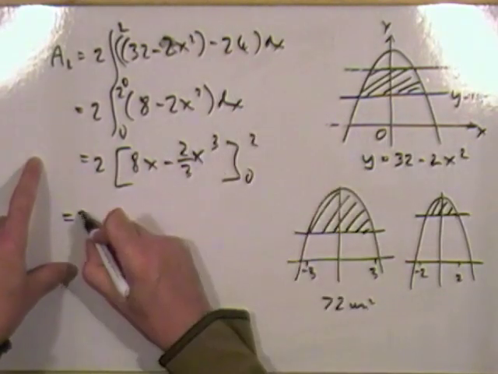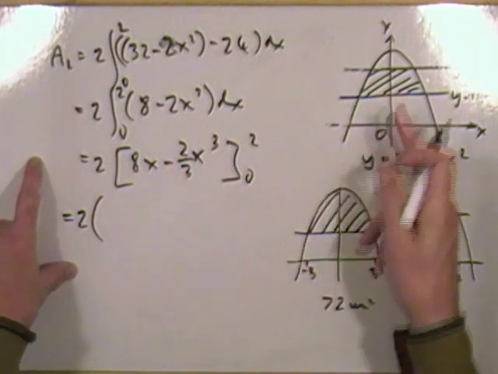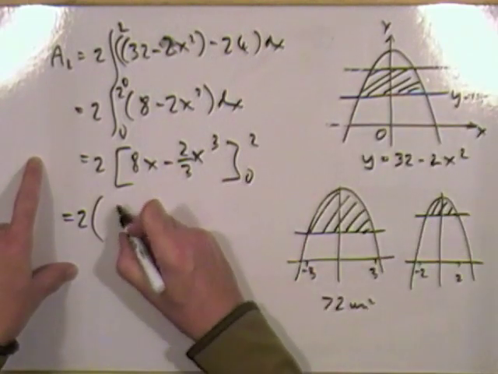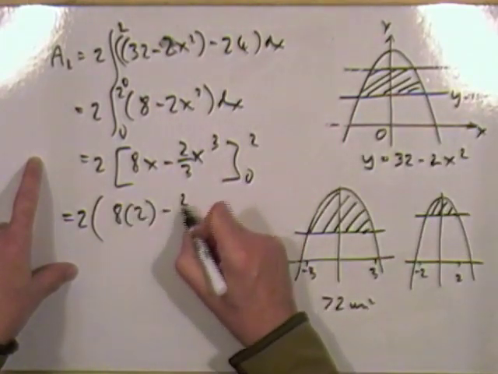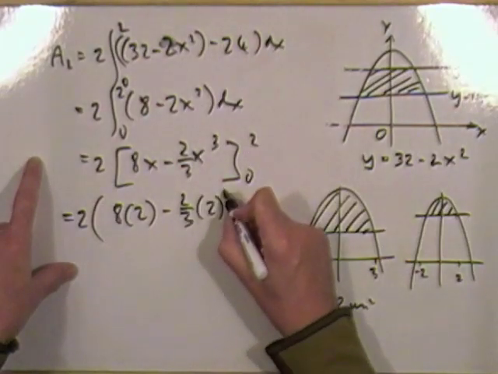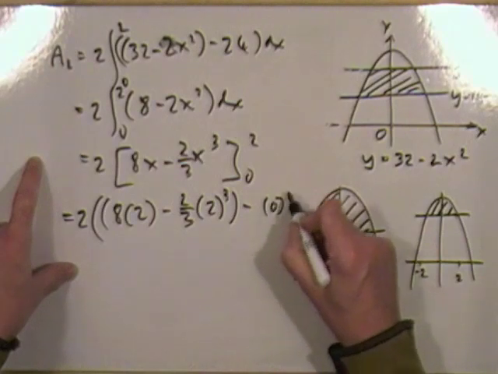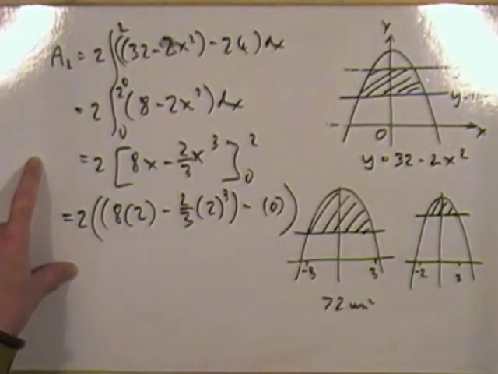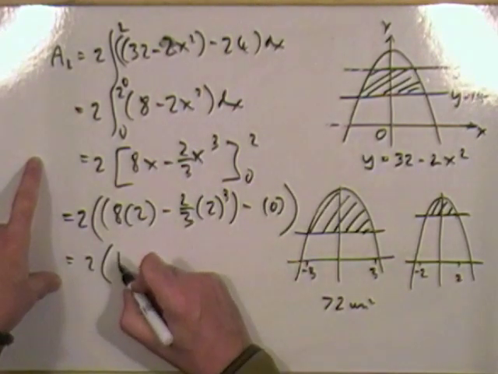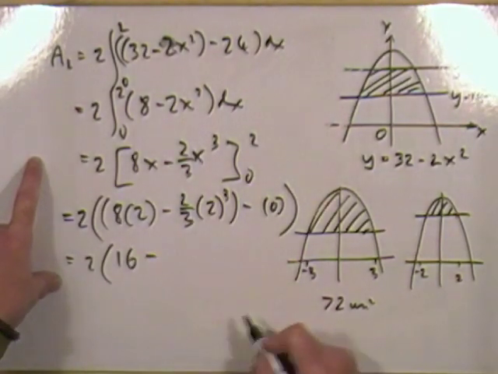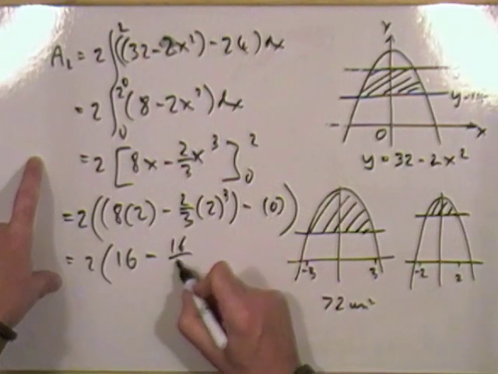Now it's just a case of working that all out. Again, there's a 0, that's why it was handy being symmetrical. So I've got 8 times 2 minus 2/3 of 2 cubed, not so good as last time, minus another part that's just going to be 0, because it's only x's and it's a 0 that's going in. So I've got 2 times, this time that's going to be 16, take away 16 upon 3.